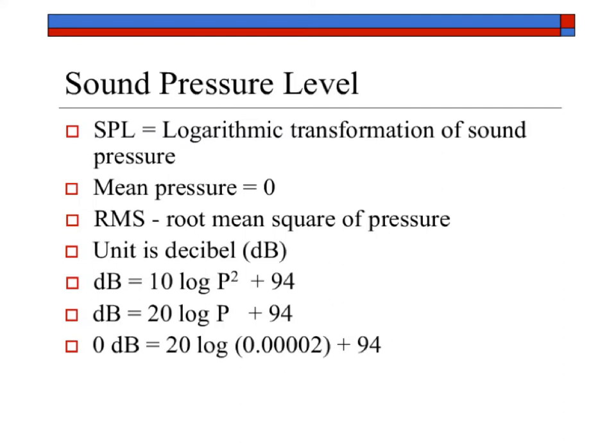And if we substitute in the minimum value of pressure that we are typically able to hear, which is 2 times 10 to the minus 5th pascals, when we do the mathematics, it comes out to 0 decibels. So that value of pressure was chosen with this formula to make it 0 decibels.